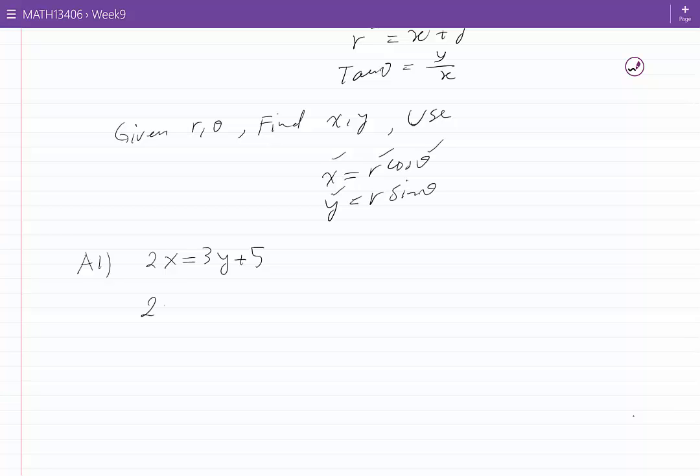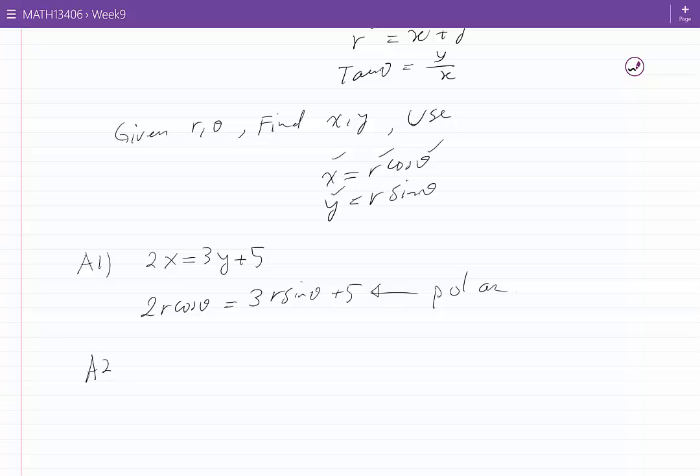I would have 2r cos theta is equal to 3y, which is r sin theta, plus 5. In this equation, we don't have any x or y anymore, and we've been able to replace x and y by r and theta. Therefore, we say that this is the polar form of the original equation.